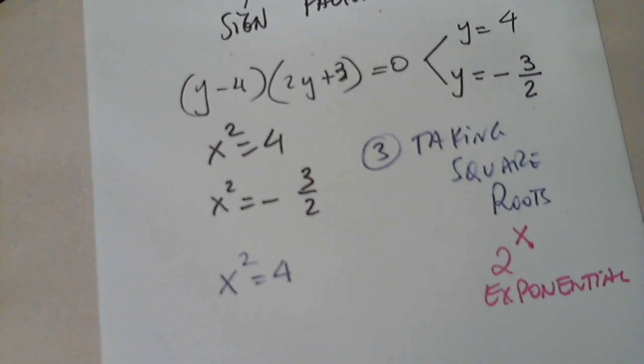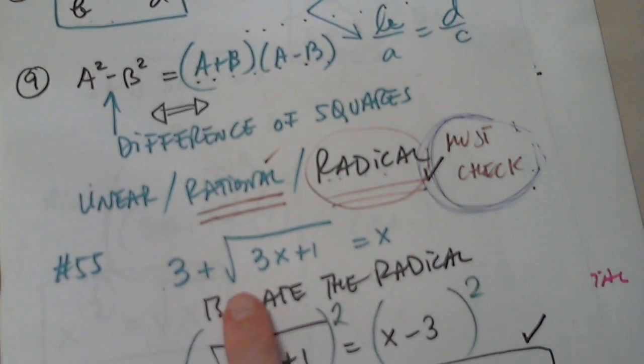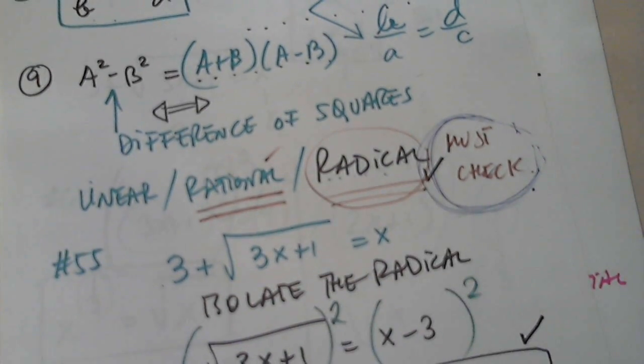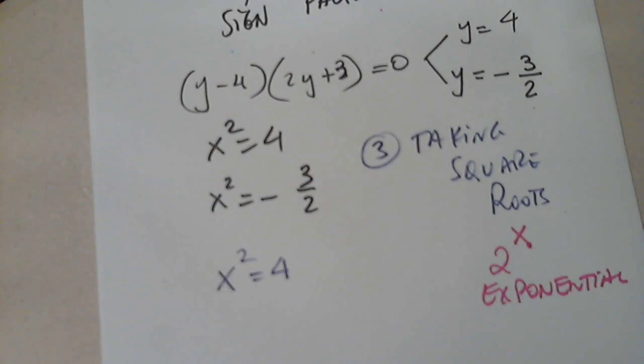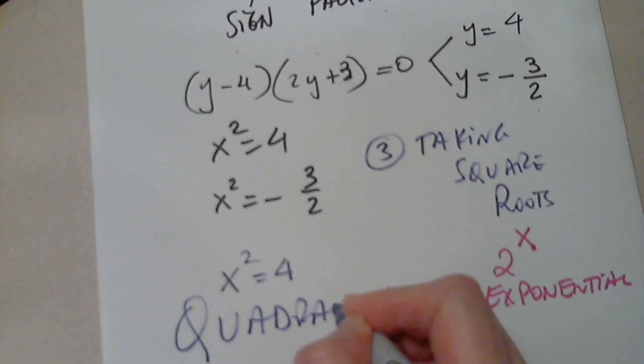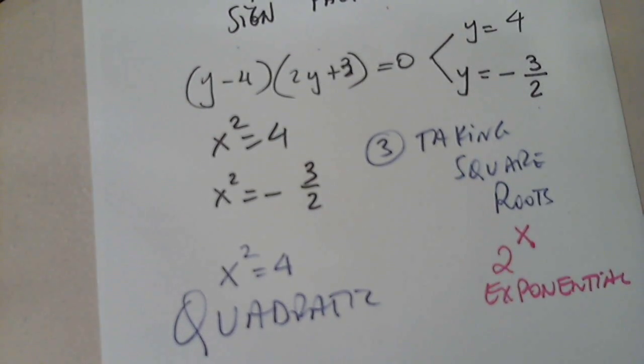Very good. A radical equation has to have a radical. If it does not have a radical, it's not a radical equation. Quadratic. Thank you very much. It's a polynomial equation, degree 2, quadratic.